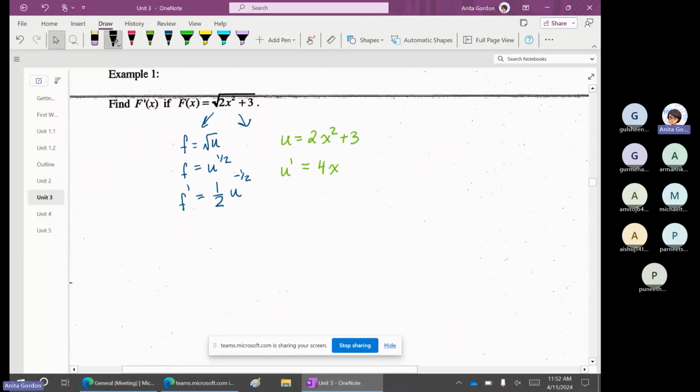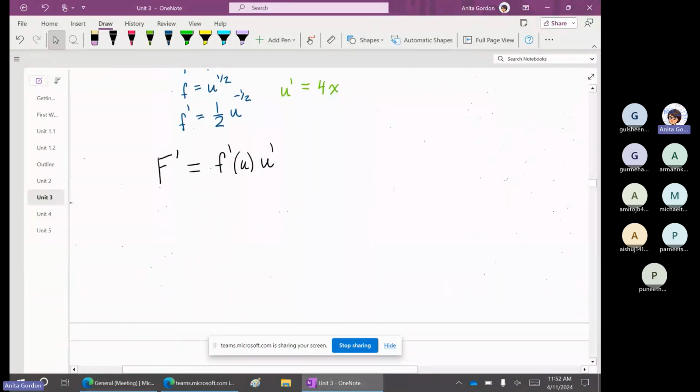And now I put these together. So capital F prime, the original function, is f prime of u unchanged times u prime. So I just need the bottom two. f prime is 1/2 square root of u.